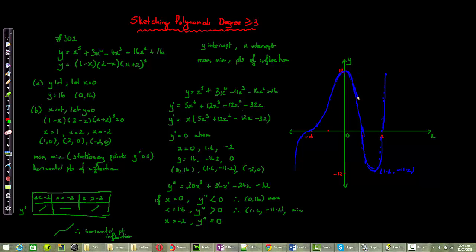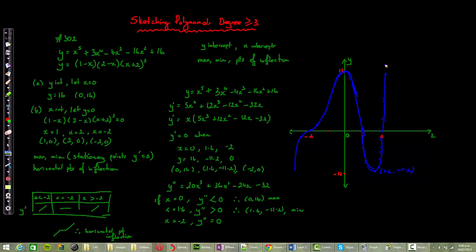I would still not be happy with that, but that'll have to do. Alright, so that I think is the graph of that, and I'll leave this as an exercise for you: you can graph this on your graphics calculator. And when I did this on Graphmatica, I certainly got a graph looking like this one here.